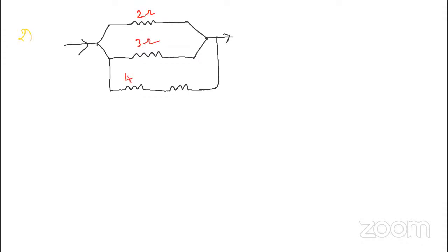Here it is 4 ohm and here it is 2 ohms. Okay, right? So let us now calculate the resistance value. Here they are given the options: A is 1 ohm, B is 2 ohm, C is 3 ohm, and D is 4 ohm.